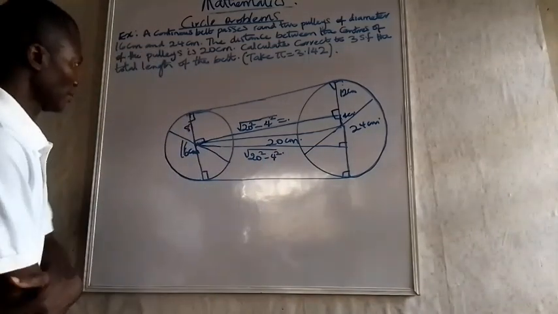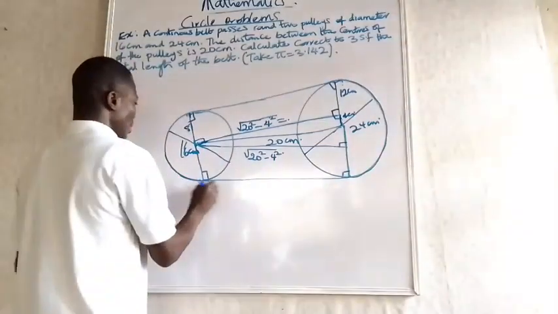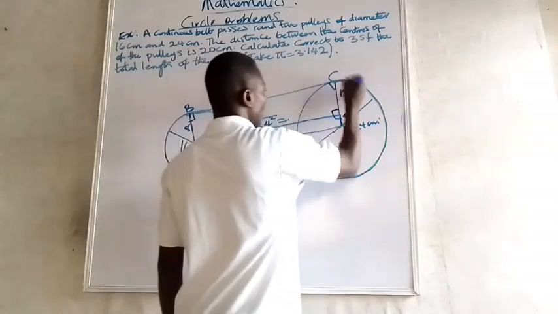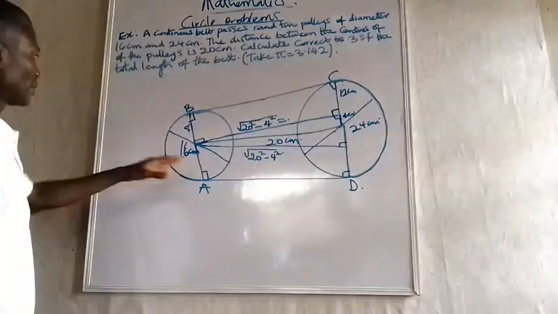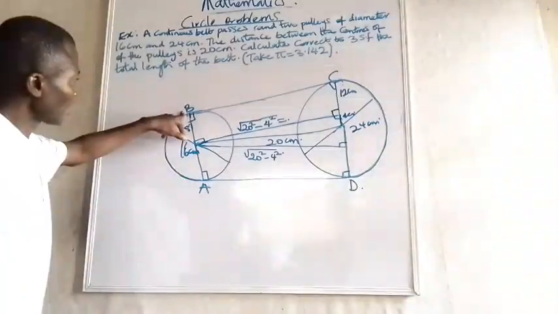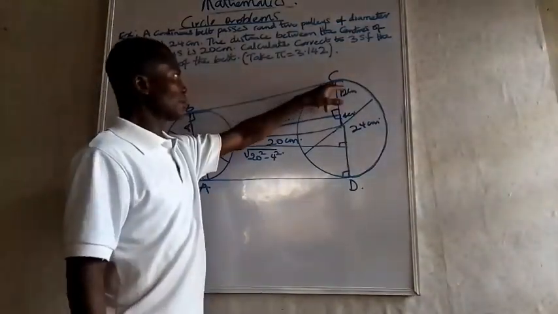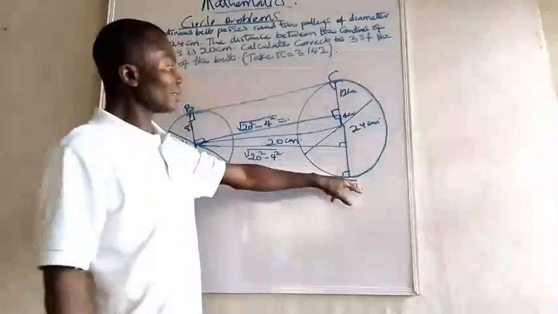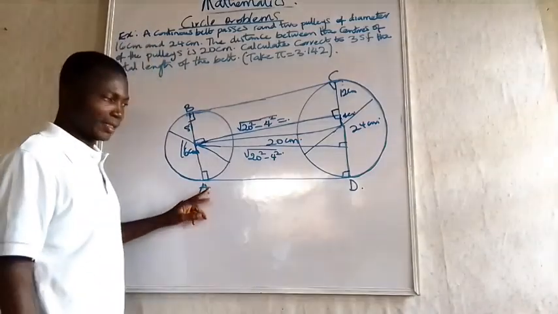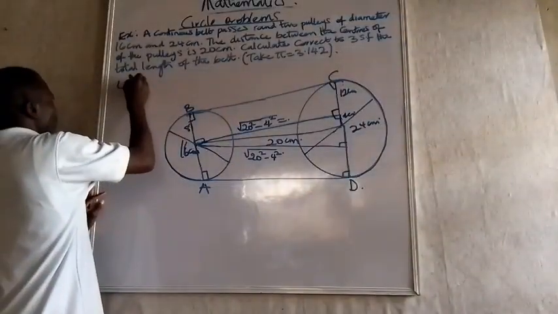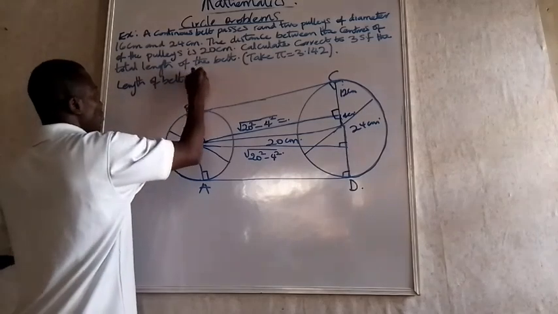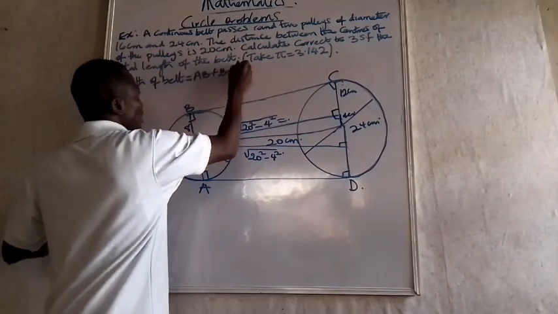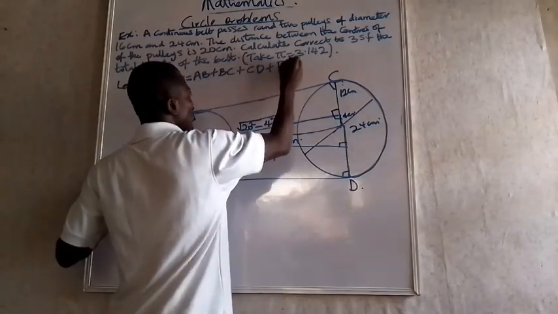Before I go on, let's label this A, B, C, D. So the total length of the belt will be equal to arc AB plus the straight line BC plus arc CD plus the straight line DA. That is the length of belt, which equals AB plus BC plus CD plus DA.